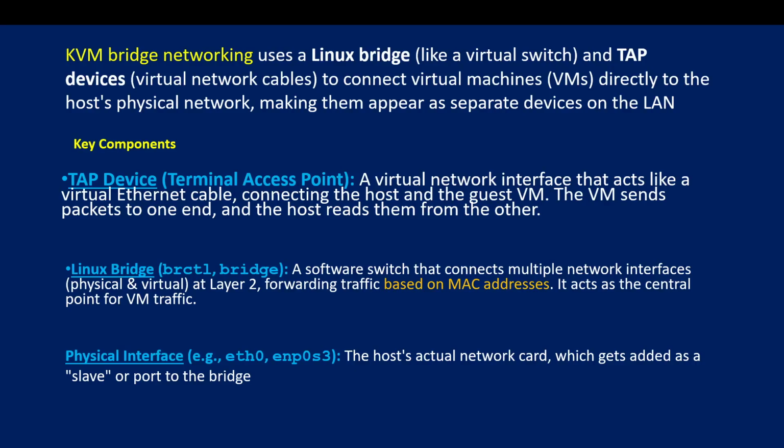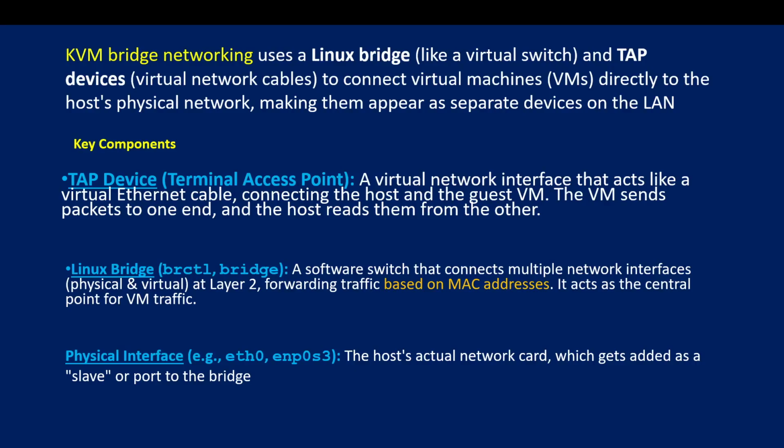We'll cover that part in the next video, but in this video we need to understand how this networking part works internally. This KVM bridge network internally uses a Linux bridge, which acts like a virtual switch, and it connects to the tap devices. That is a kind of virtual network for the virtual machine.